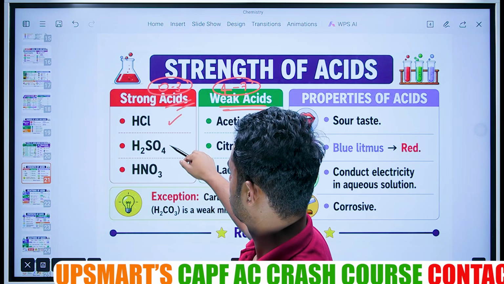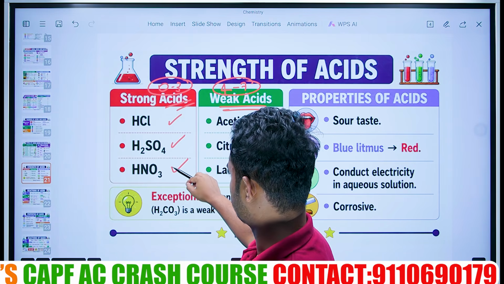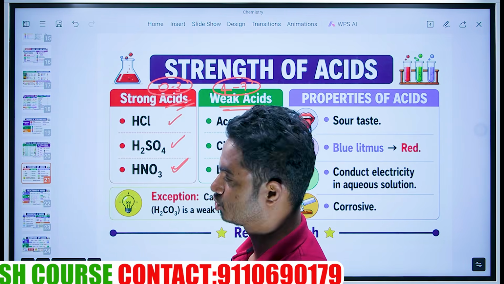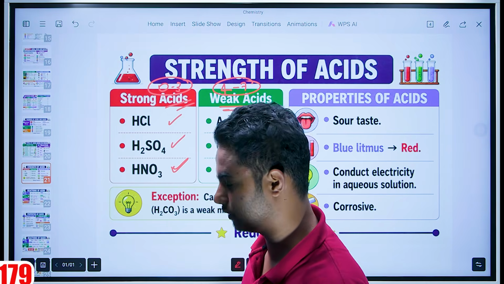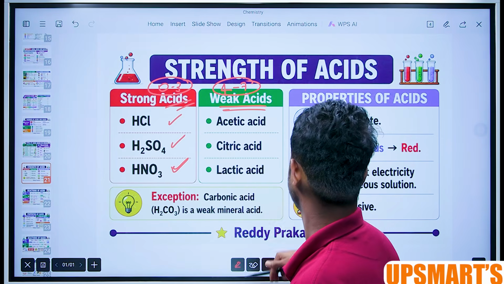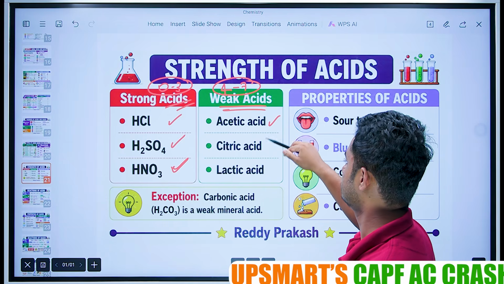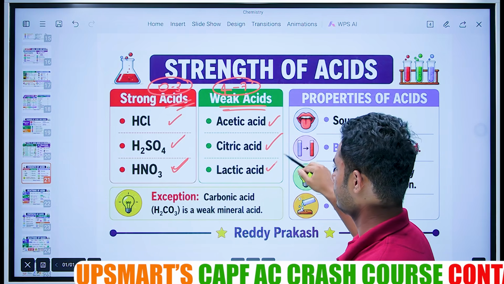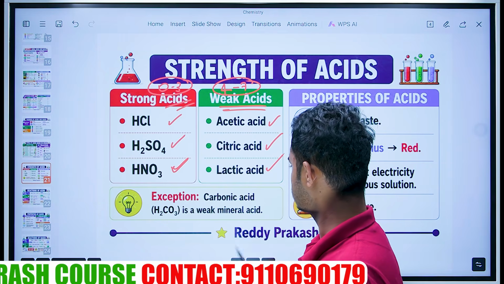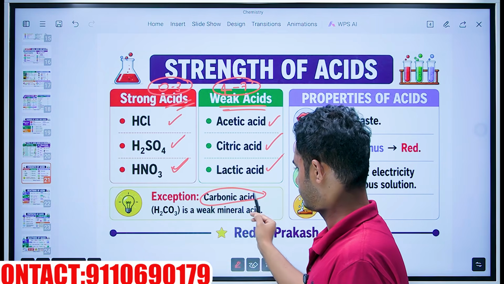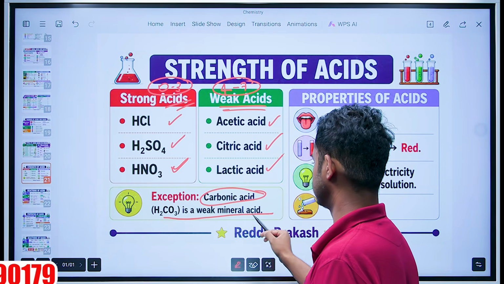Hydrochloric acid, sulfuric acid, HNO3: these are strong acids. I'll tell you why it is called a strong acid and why a weak acid. Acetic acid, citric acid, lactic acid: all these are weak acids. The only exception is carbonic acid, a weak mineral acid.